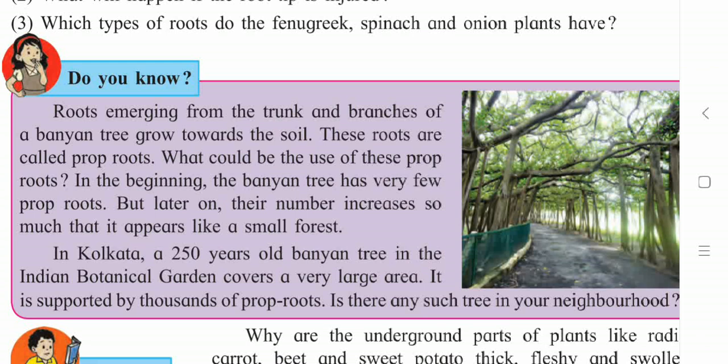A lot of banyan trees are very old. One example is shown here, a 250 year old banyan tree in the Indian Botanical Garden. It looks like a small forest because of these banyan plants.